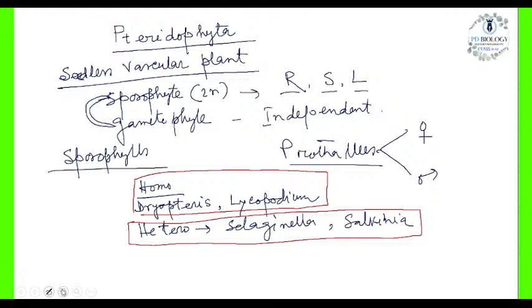The megaspore and microspore germinate: always megaspore germinates to form the female gametophyte, and the microspores germinate to form the male gametophytes. This is the precursor of seed habit. Remember this one.